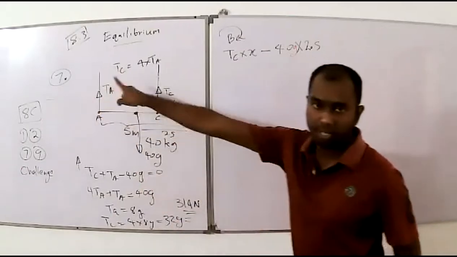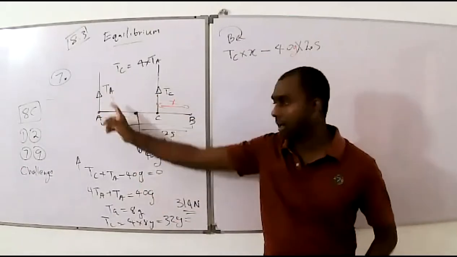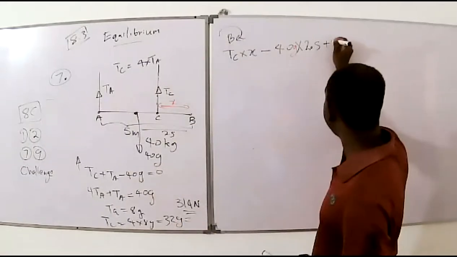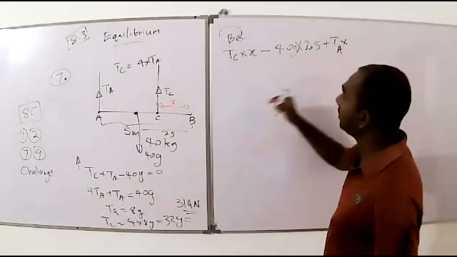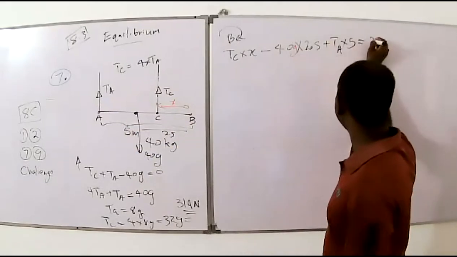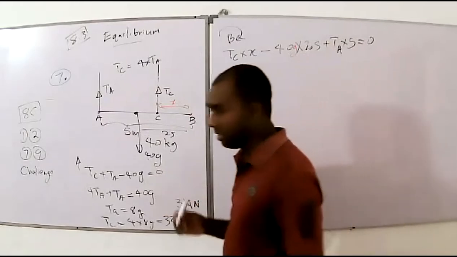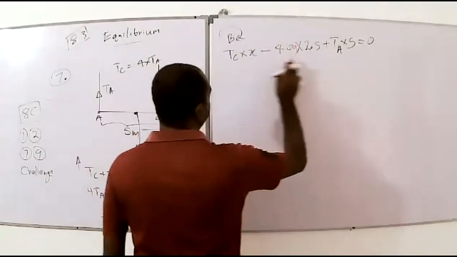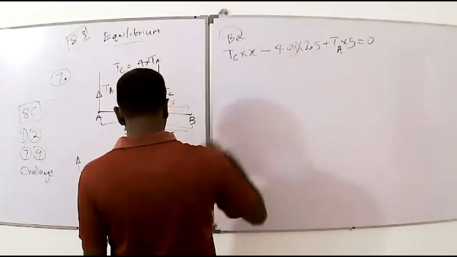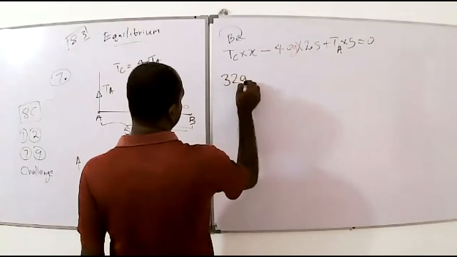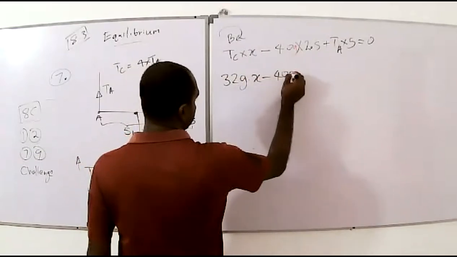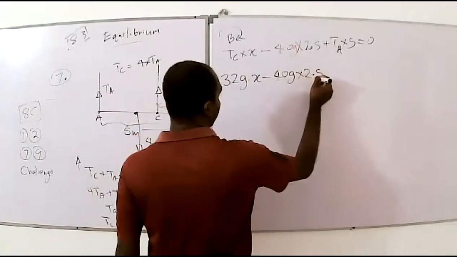And what about this? TA is also going to come. It's also clockwise. So plus TA into how much? Total distance is 5, is equal to 0, while this is in equilibrium. So we have to find this x here, the length of CB. TC we can substitute. How much did we get? 32G times x minus 40G into 2.5.